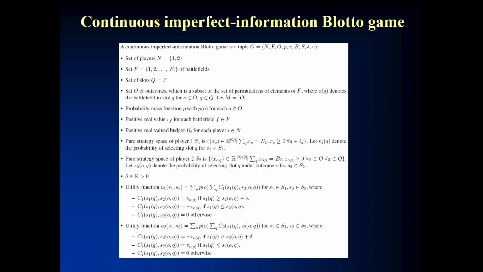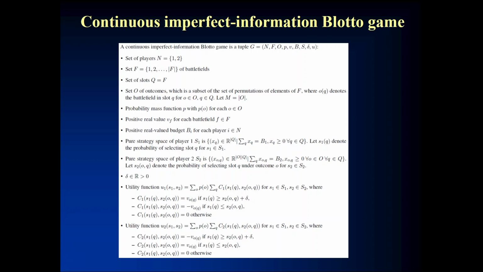So the strategies for player one are going to be how much resource to allocate to each of these slots, subject to being within the budget. And player two sees which battlefield is in which slot. And so for each of these outcomes, player two is going to pick an amount to allocate for each slot, subject to the budget constraint.